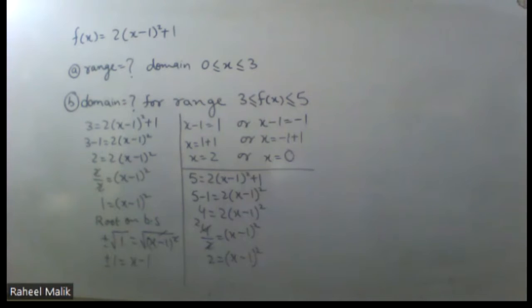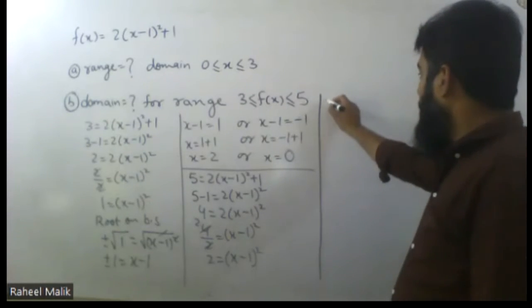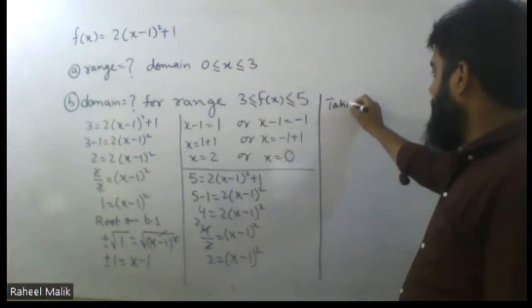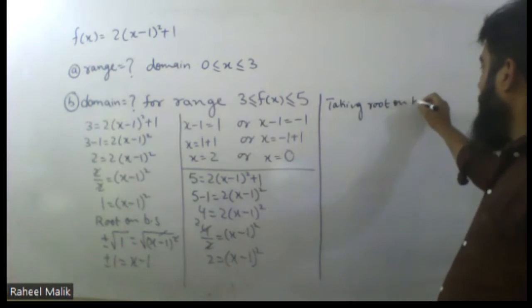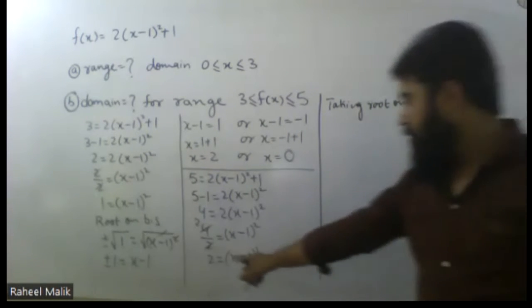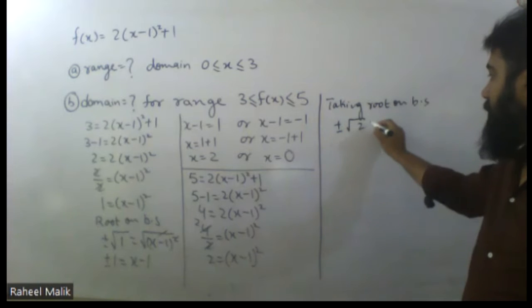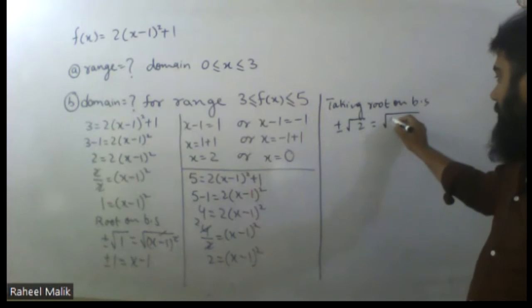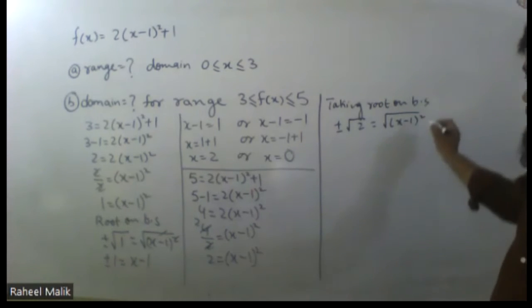Now, in order to find the value, what I am going to do over here, taking roots on both sides. So this will become plus minus under root 2 equals under root (x minus 1) whole square.